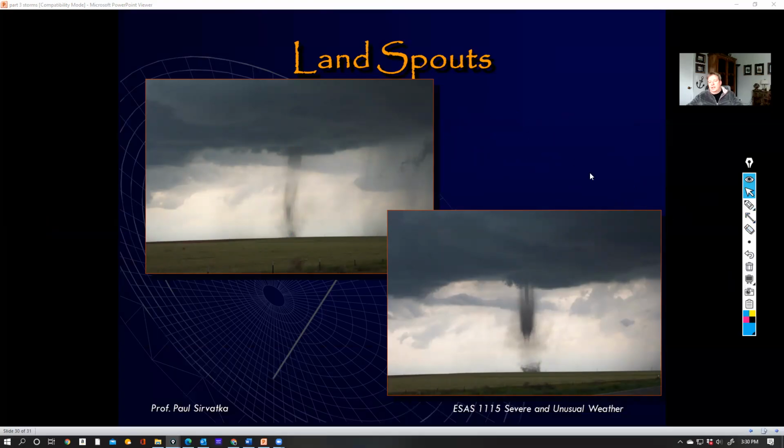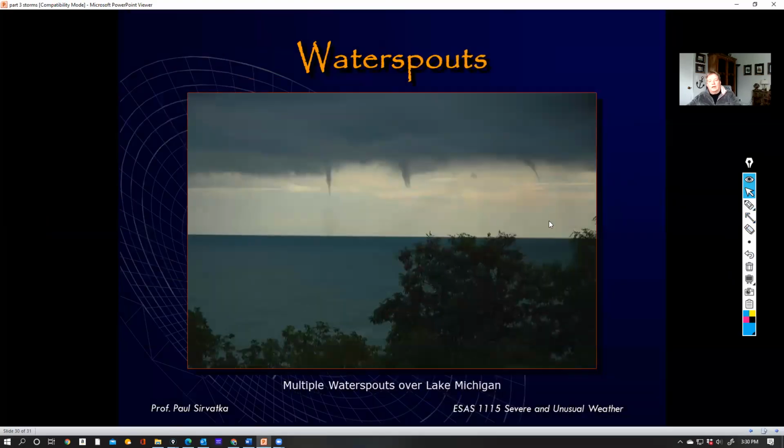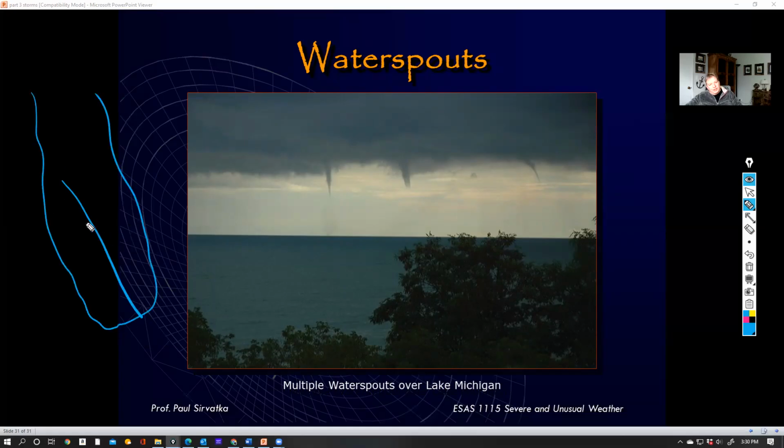Now we also get them over water. This is over Lake Michigan. They usually form on a boundary, so we have multiple spouts on the same boundary. Remember, the boundary is horizontal. Here's a map of Lake Michigan. There's a boundary, and we are seeing little spin-ups on that boundary across southern Lake Michigan.